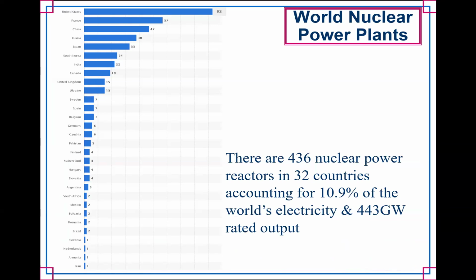China used to use a lot more coal, but they've since evolved and are now using a lot more nuclear. Russia, Japan makes sense. They use a lot of technology. Even with what happened in Fukushima, they still heavily rely on that. South Korea does quite a bit as well. And then you start to go down quite a bit from there. So you can get a sense of the different nuclear reactors that are there.